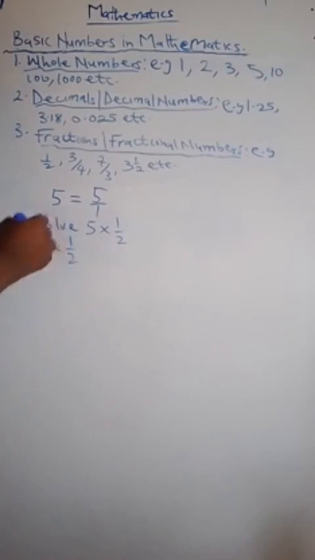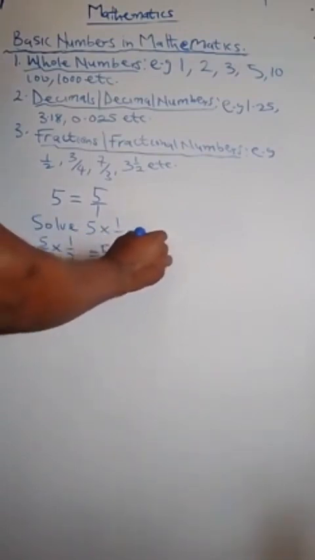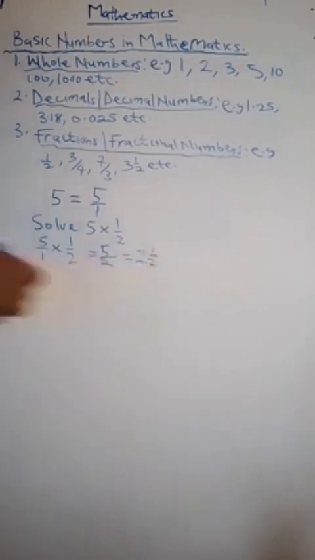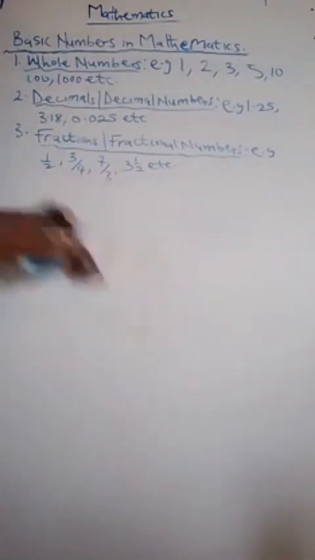This 5 has been converted to a fraction, and it will be 5 times 1, 5, 1 times 2, 2. So this is 2 whole number 1/2. So take note of the conversion as well. It is also very, very important.